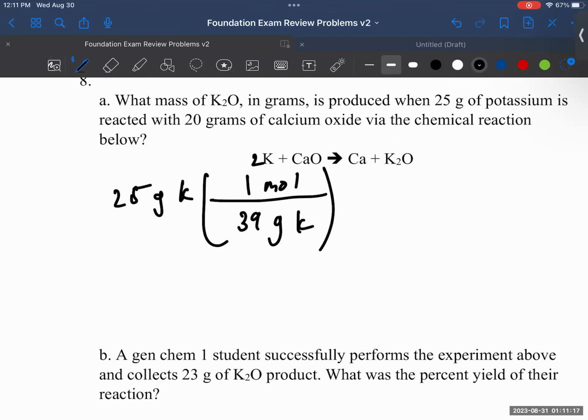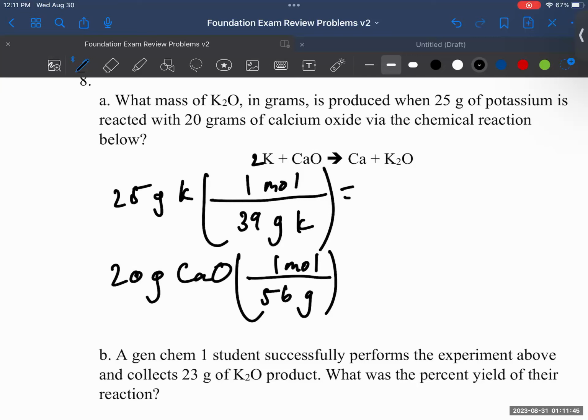And let's do the same thing for our calcium oxide. So 20 grams of calcium oxide. What's the molar mass for calcium oxide? Yeah, and what's that equal to? 56. 56 grams for every 1 mole.